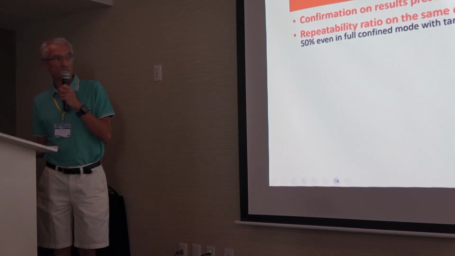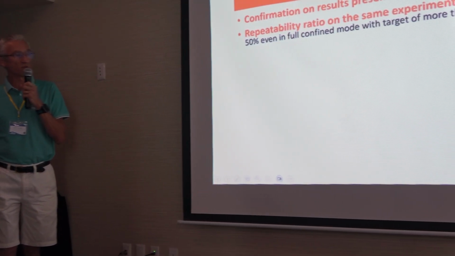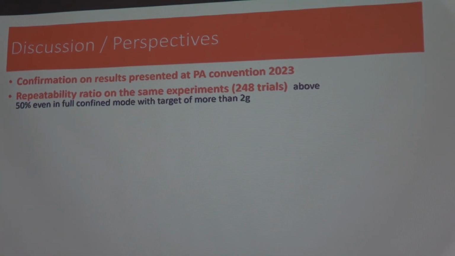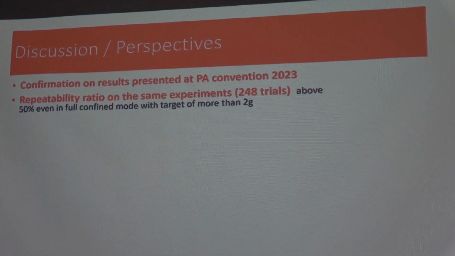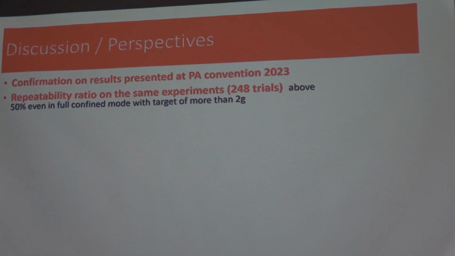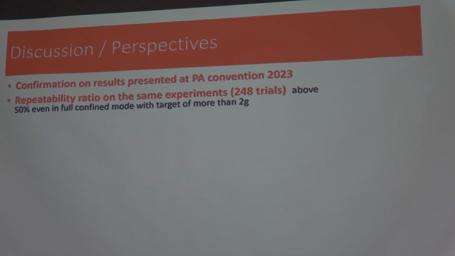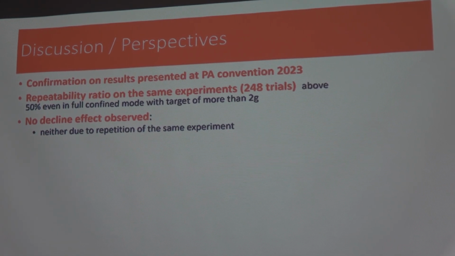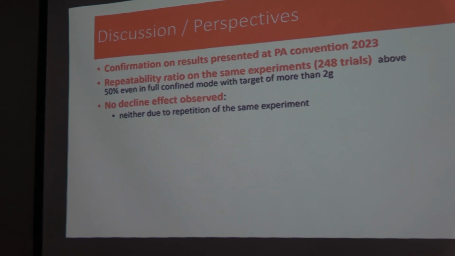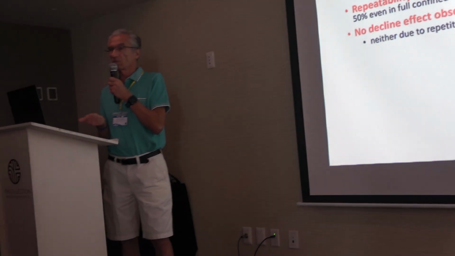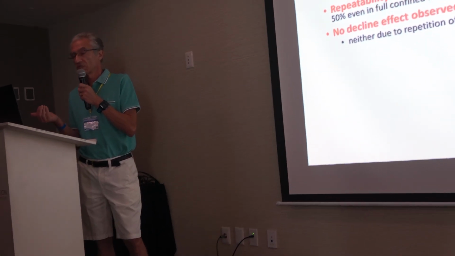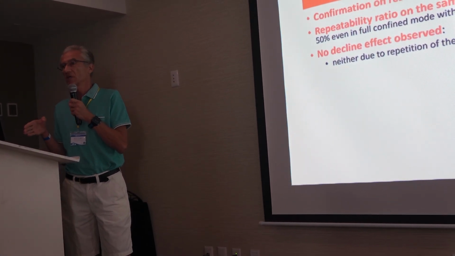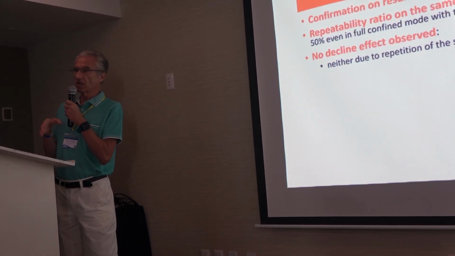So yes, the idea is that we confirm the result presented at the PA, with improvements, so a learning curve also, because we moved from a partial confinement on the plastic dome to a full confinement. So with a good repeatability ratio. We don't see any decline effect, neither due to the repetition. Some theories say that if you repeat the same experiment, there is no novelty, so you have a decline effect.